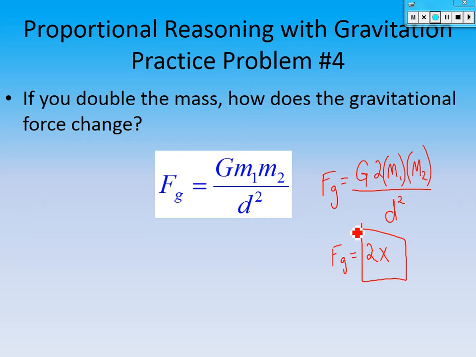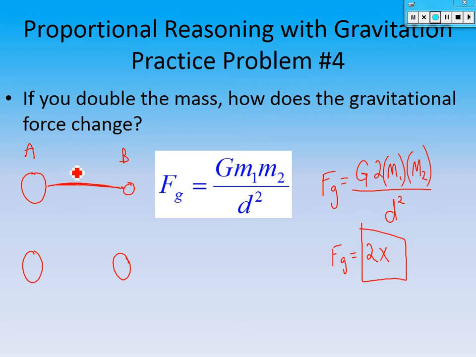Well, it doubles. For example, if you had 2 planets, let's say, planet A and planet B. Well, there's a force of gravity between them. Let's look at how that would change if A stayed the same size, but B doubles in size.